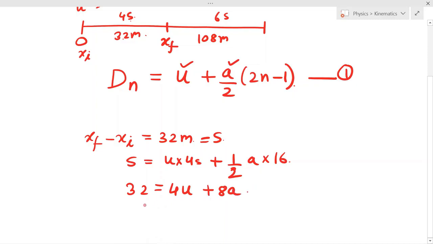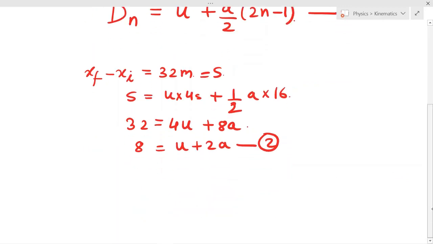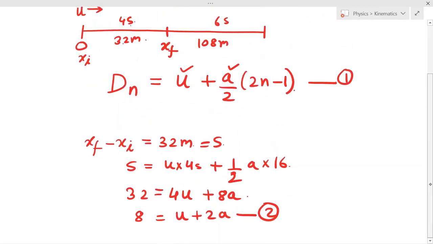Now let's divide by 4. This is my second equation. u plus 2a is 8. Now let's take this as x final and x initial is the same as before.